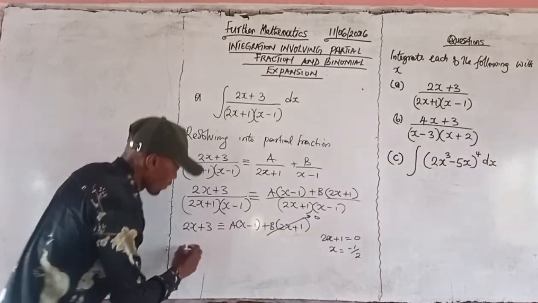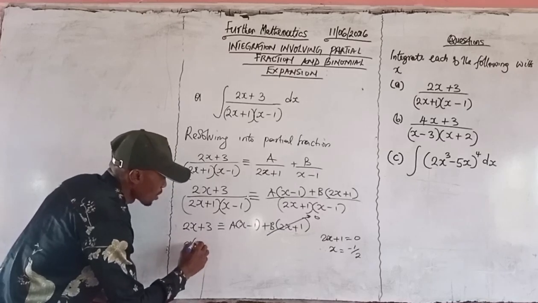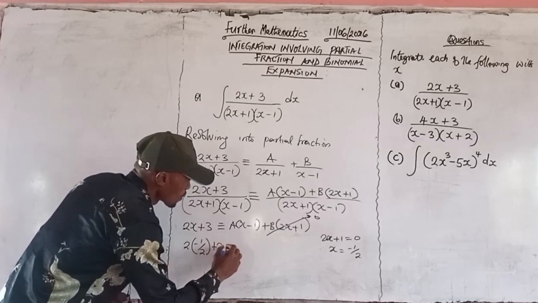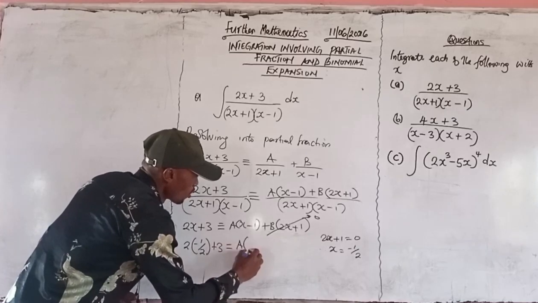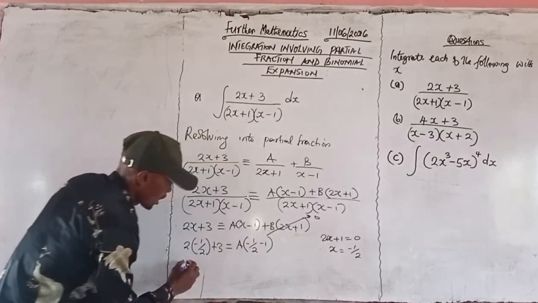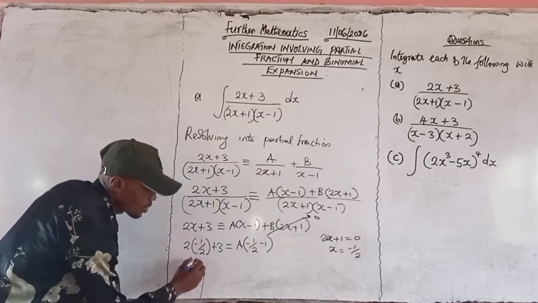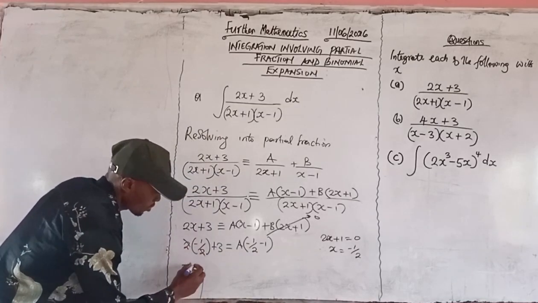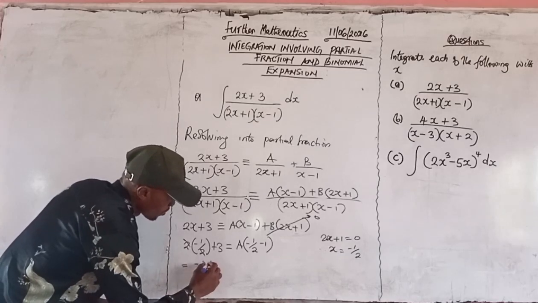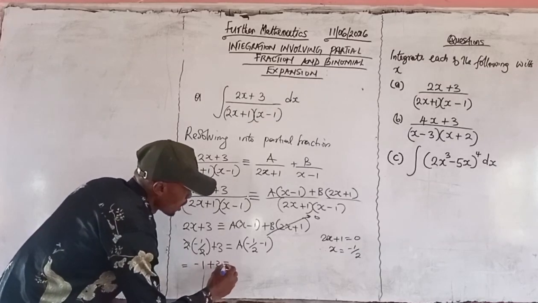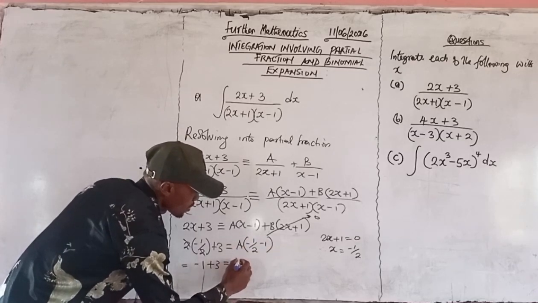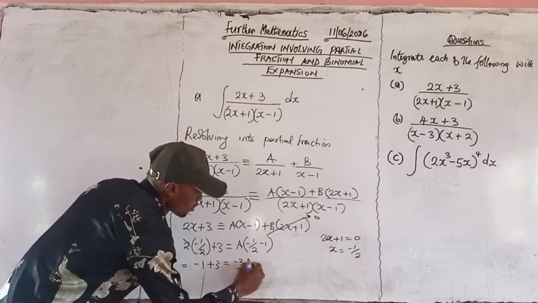So we can now say 2(minus 1 over 2) plus 3 is equal to A(minus 1 over 2 minus 1), which gives minus 1 plus 3 equals minus 3 over 2 A.